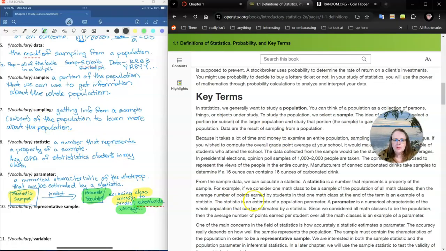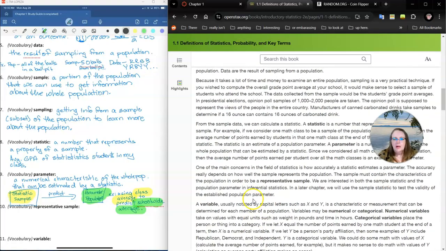Okay, representative sample. If I want to know the average amount of sleep that student athletes get every night, I want to make sure that I am asking a wide range of student athletes, that I'm not just going to basketball practice and asking basketball players how much they sleep, that I also want to make sure that I go to the tennis practices and the softball practices.